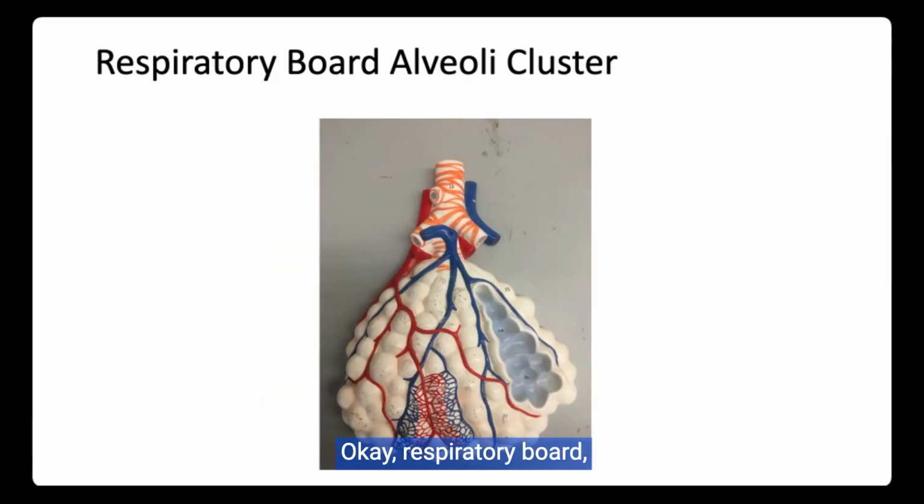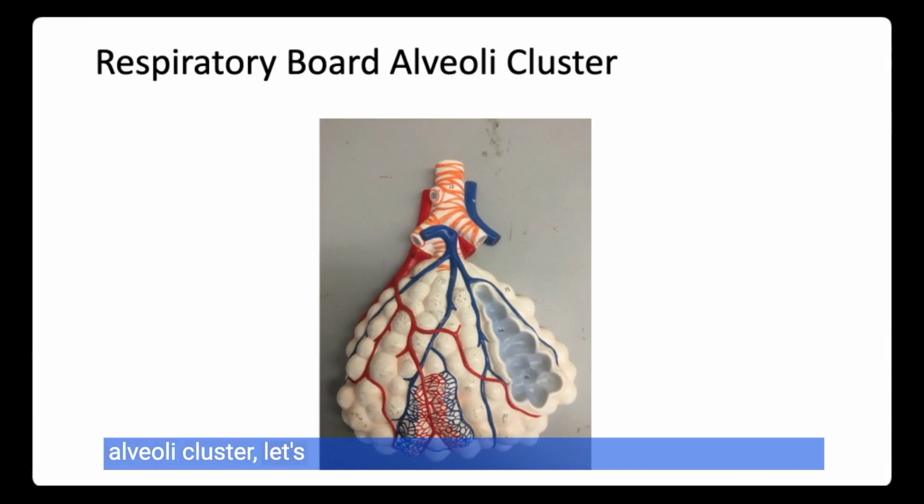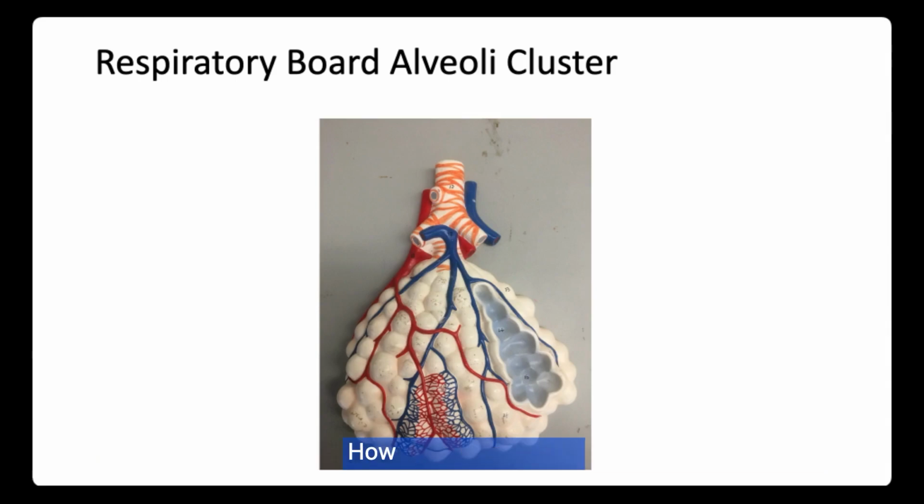Okay, respiratory board, alveoli cluster. Let's go ahead and identify some of these landmarks. How about right here? That's right. Bronchioli. How about right here? That's right. Pulmonary venule. How about right here?